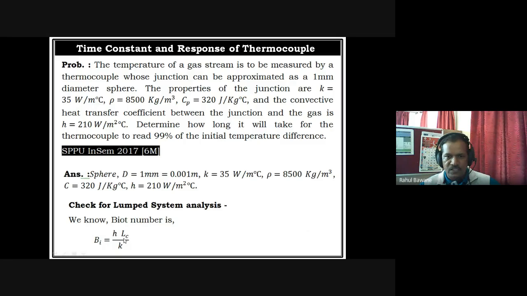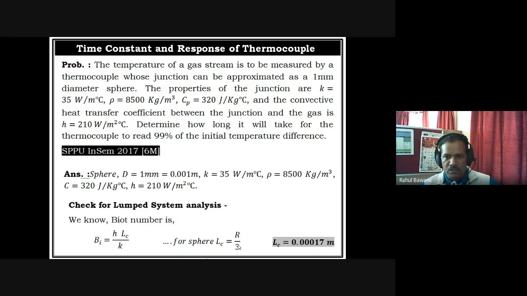So let us find out the characteristic length for a sphere: volume upon surface area, and when we simplify this, the characteristic length for a sphere will be R upon 3. We know the diameter is 1 mm, so the radius will be 0.5 mm. So accordingly, we get a characteristic length of 0.00017 meter.